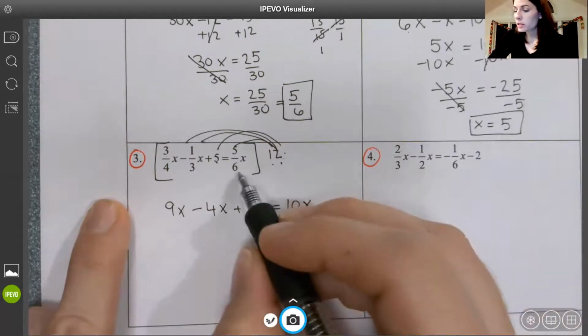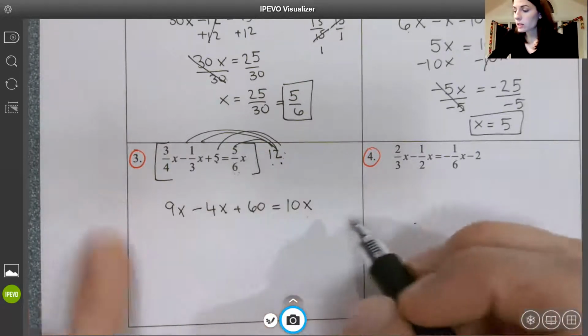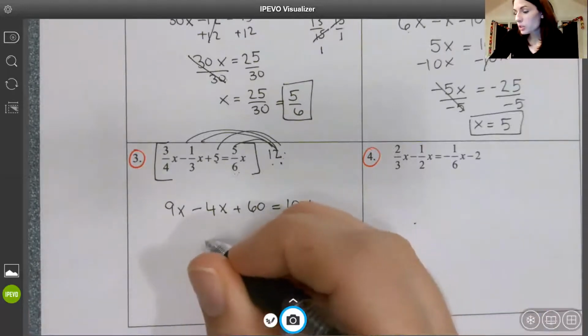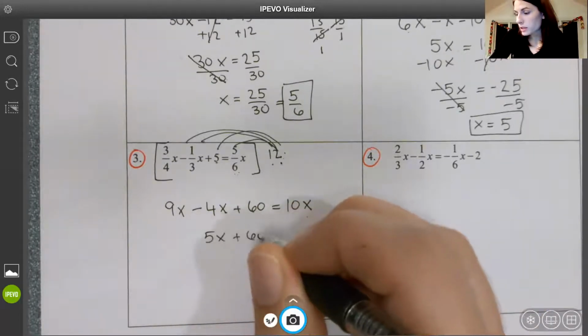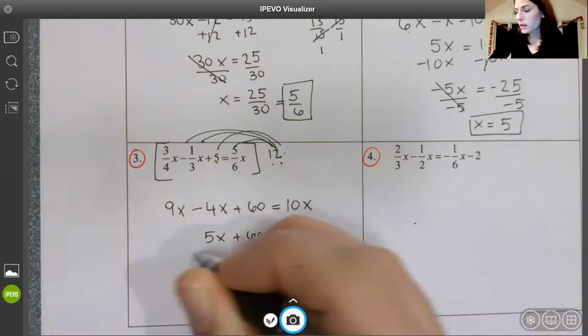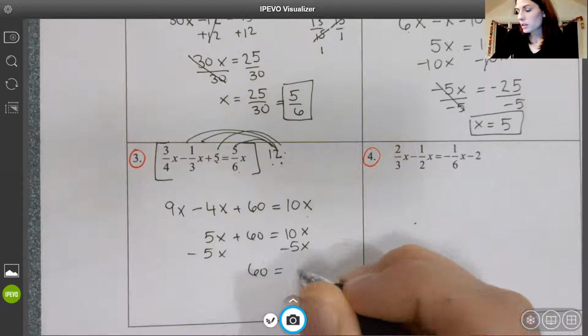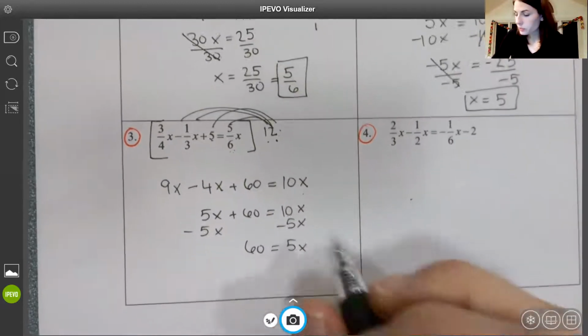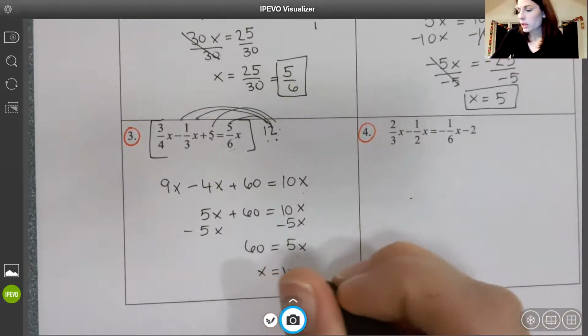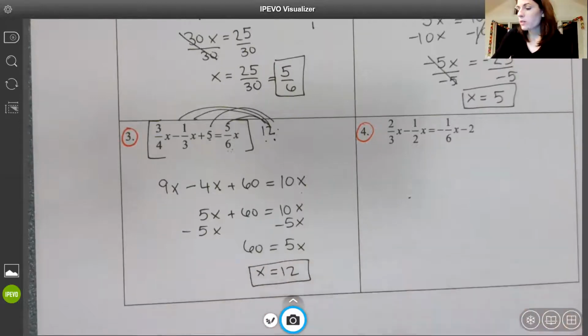Okay, 12 divided by 6 is 2, 2 times 5 is 10. Combining like terms gives me 5x plus 60 equals 10x, and then getting my variables to one side gives me 60 equals 5x, and dividing by 5 gives me x equals 12 on number 3.